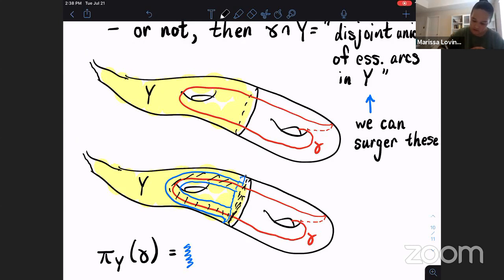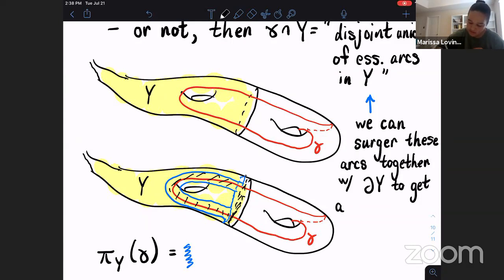Surgery these arcs together with this boundary. And this gives us a bunch of simple closed curves in Y.